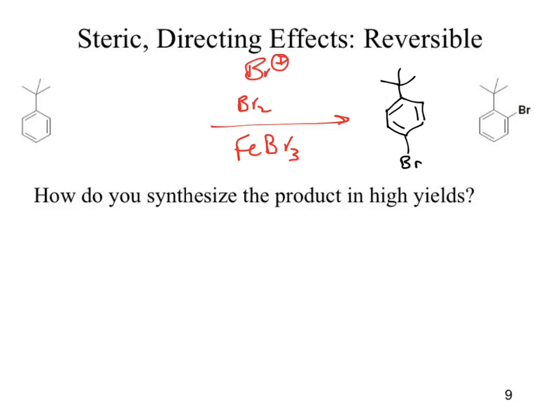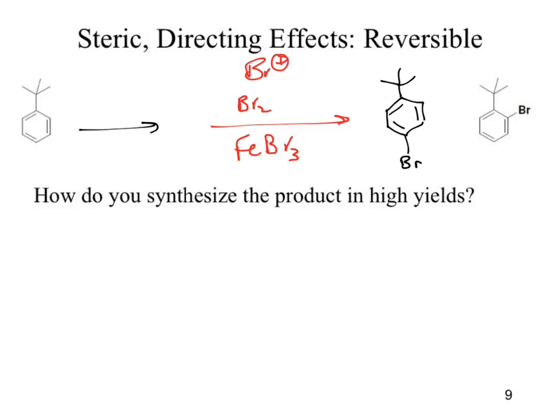We wanted the ortho. How can we get the ortho? Block the para position. There is only one reagent that you have, at least at this point, that allows you to block a position and then also remove it at the same time.